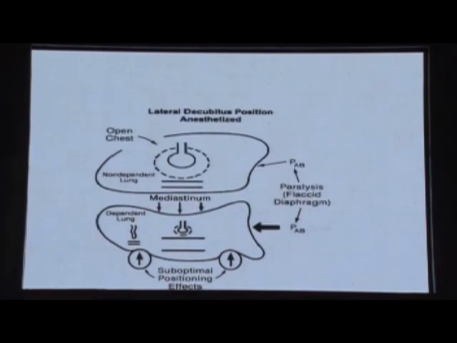At the same time, you have to think about the dynamic changes: the diaphragm on the dependent side is pushed in, part of the chest wall is pushing up, and the mediastinal structures are pushing down on that lung. Overall, that decreases the functional residual capacity of that lung, again causing some VQ mismatch.